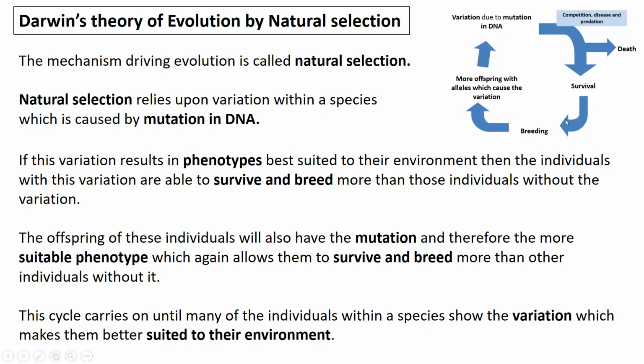If they're more likely to breed, they will have many more offspring with that particular allele with the mutation, with the suitable phenotype, which again allows them to survive and breed. And we go round in a cycle of survival and breeding and passing on those really useful alleles to the offspring. And if this cycle continues, we get a species evolving over time to make them more suited to their environment, but still being able to adapt if there's still a lot of variety through sexual reproduction.